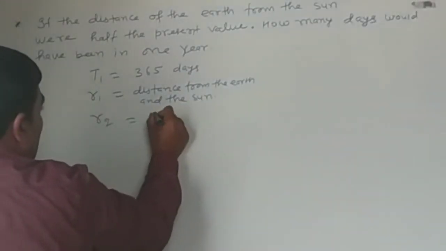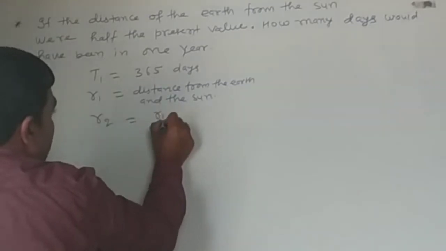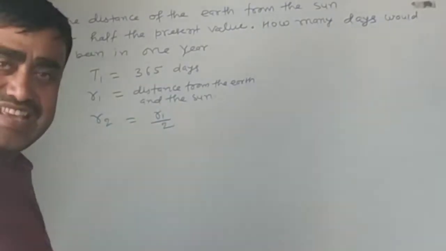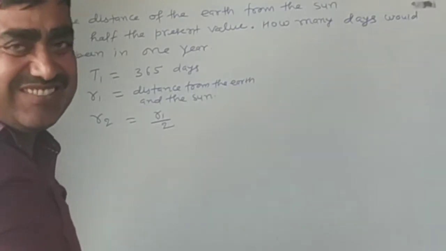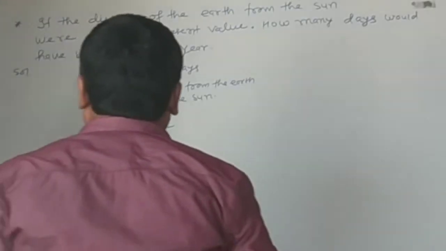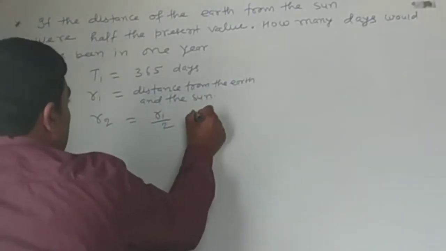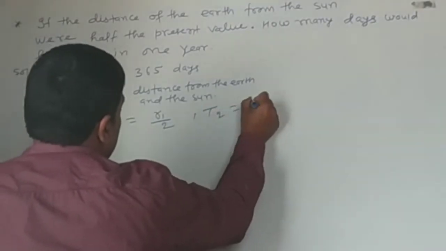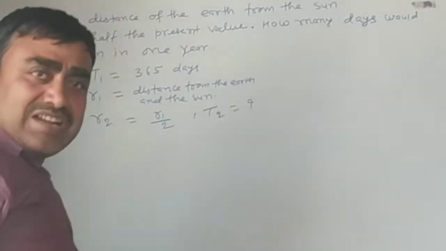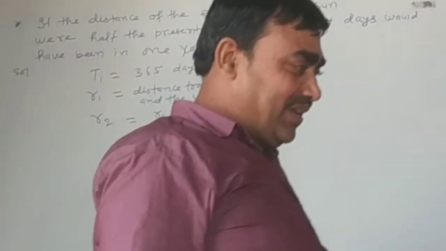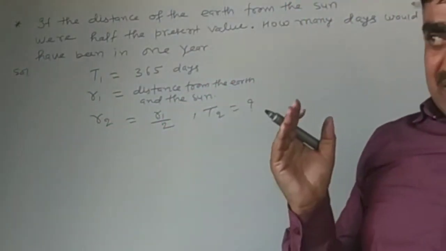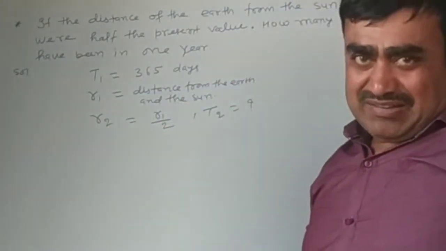R2 is equal to R1 by 2 according to the question. We have to find T2, that means how many days for 1 year.